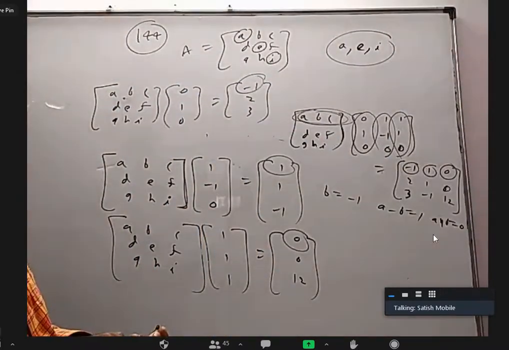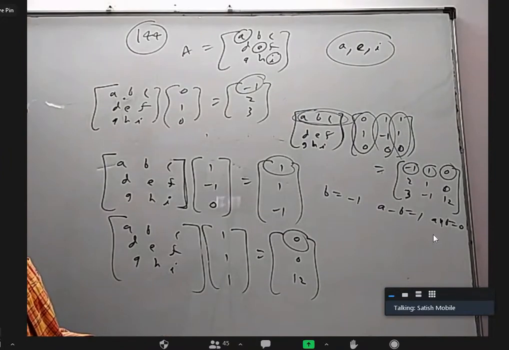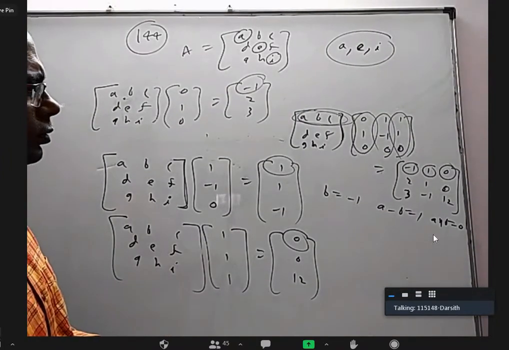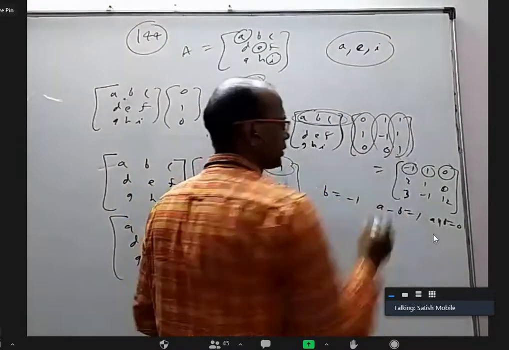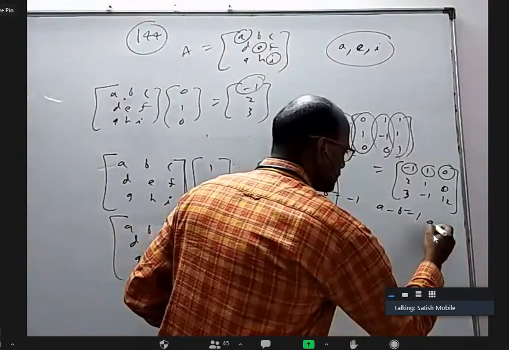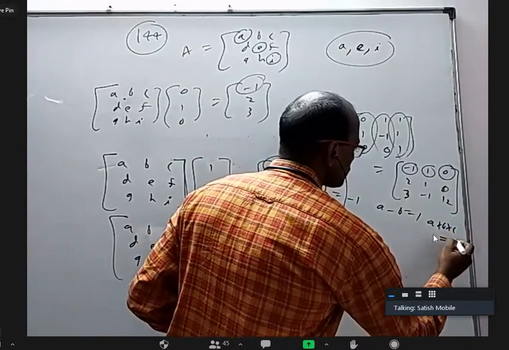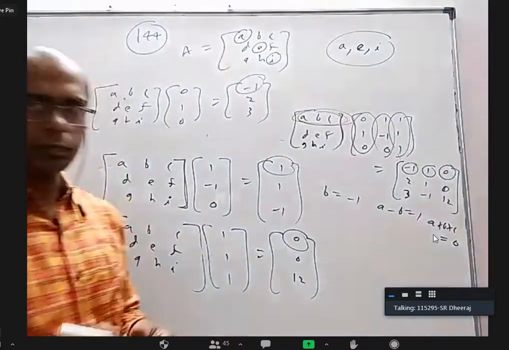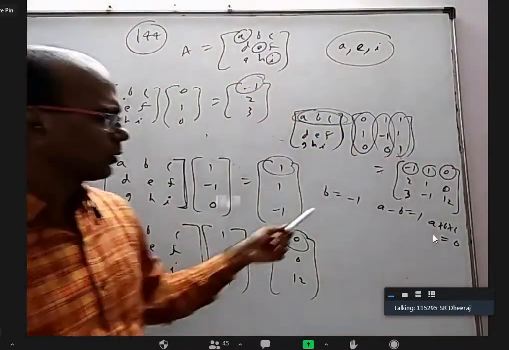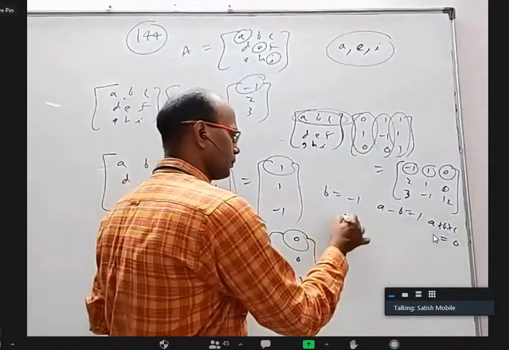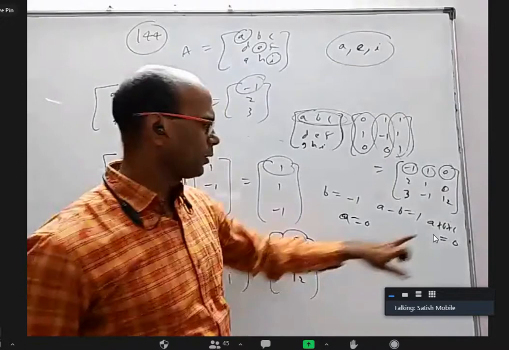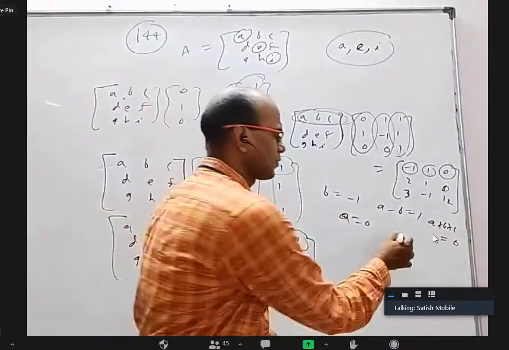Okay, I wrote something wrong. In the third column, 0, 0, 12. No, this is 1, 1, 1. Yeah, thank you. Sorry, I was worried about that. So this is A plus B plus C is equal to 0. A is equal to 0, sir, and B is equal to minus 1. When you put B as minus 1, A will come 0. And when you put A as 0, B as minus 1, C will come 1.